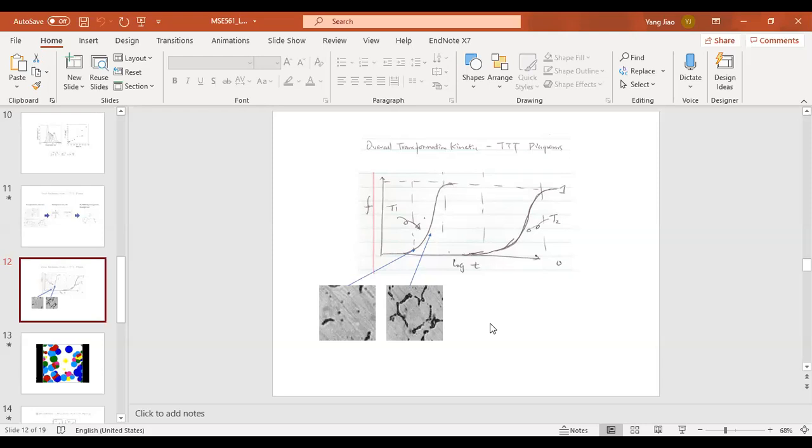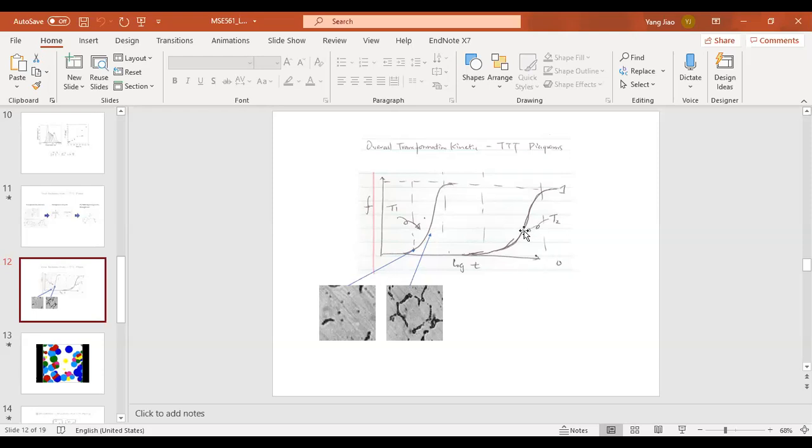So this motivates us to construct the so-called TTT diagram, which means temperature-transformation-time diagram, or temperature time transformation diagram. Basically, it collects all the information and the effects of the different parameters that we just mentioned and that are of interest to us.